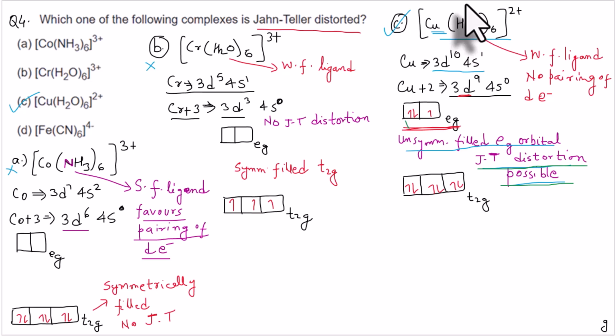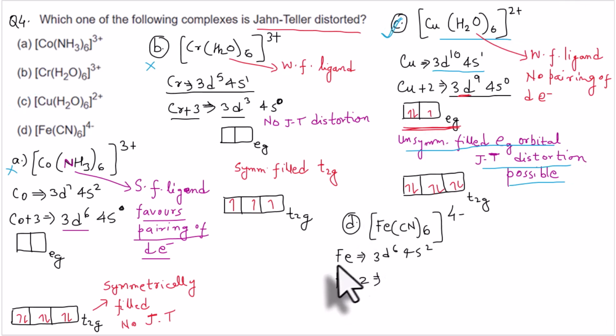Now let's check out the last option, [Fe(CN)6]4-. Iron in the ground state has a 3d6 4s2 valence electronic configuration, and in the +2 oxidation state it has only 3d6 electrons.